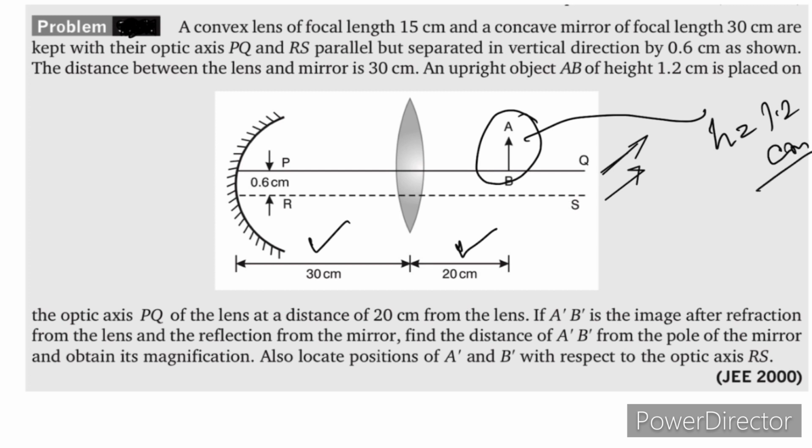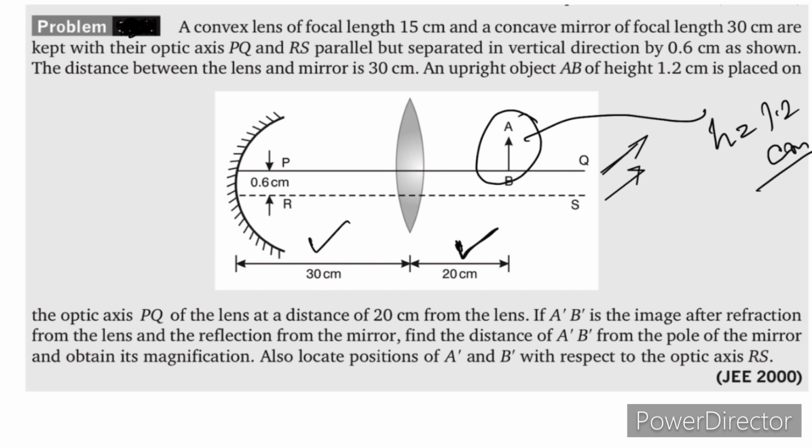Now it is placed at 20 centimeter from the lens. If A dash B dash is the image after refraction from the lens and the reflection from the mirror, find the distance of A dash B dash from the pole of the mirror and obtain its magnification.